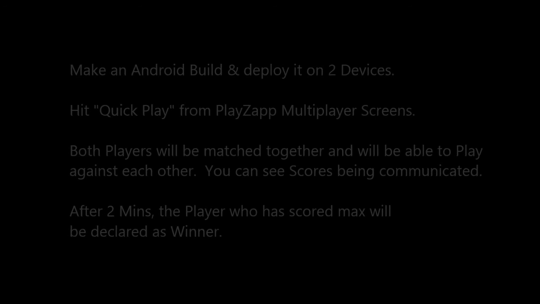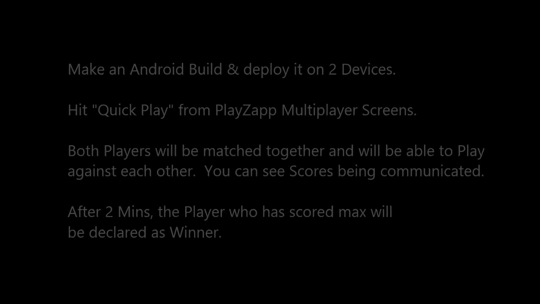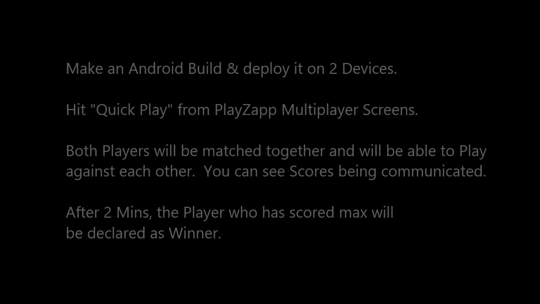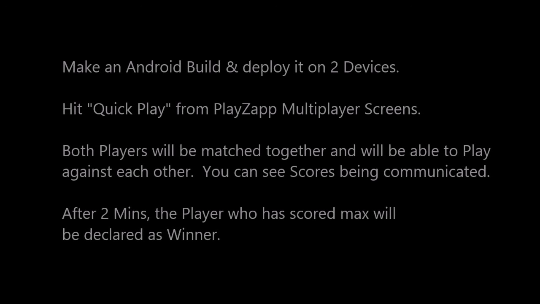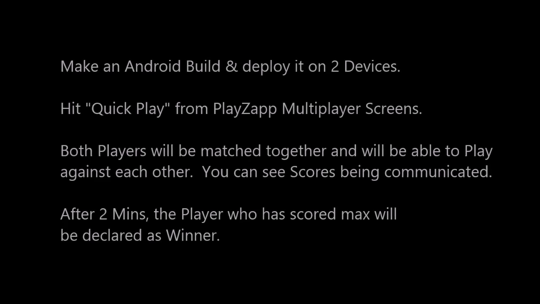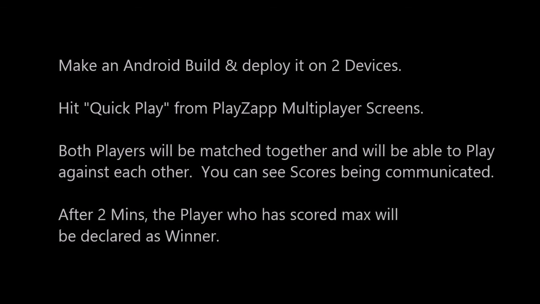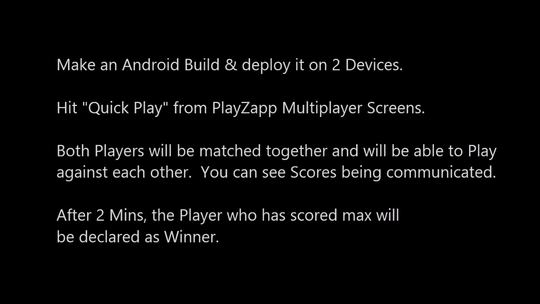Now let's make an Android build and deploy it on 2 different devices. After that, let's log into PlayZapp on both devices, and on the PlayZapp multiplayer screens, let's hit quick play, and we'll see both the players being matched together.